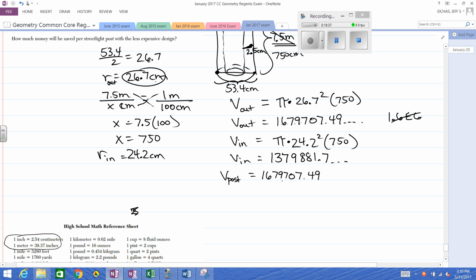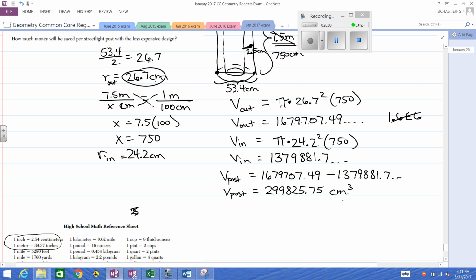It looks like I'm missing a number. No, I got it. All right, minus this 1379881. Okay, so the volume of the post with a cylinder design is 299825.75. Now that is, let's not forget, in cubic centimeters.